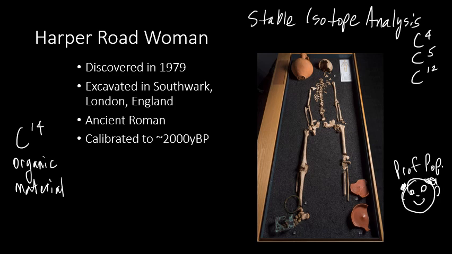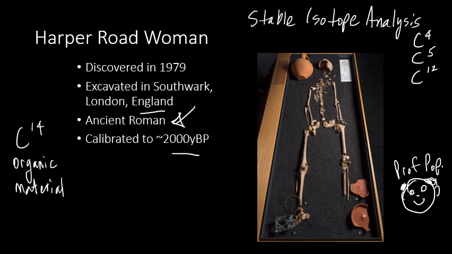Now, what they were interested in was determining where these people came from. So we have people living in England, these remains, that's where they're coming from, and they were calibrated to 2,000 years before the present. But how do we know that they came from ancient Rome, the city?